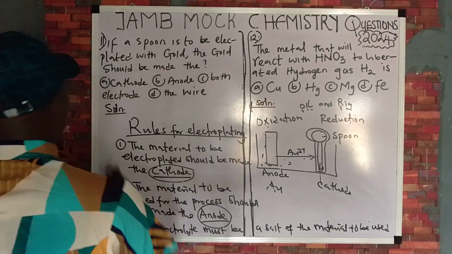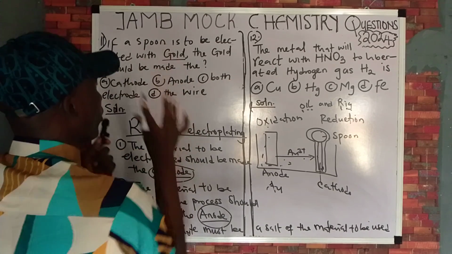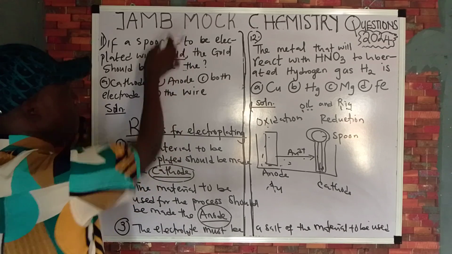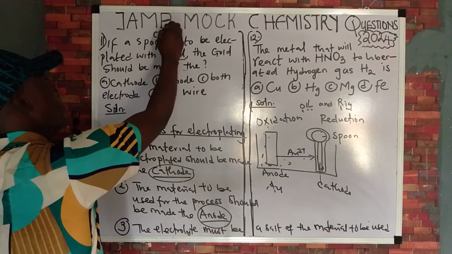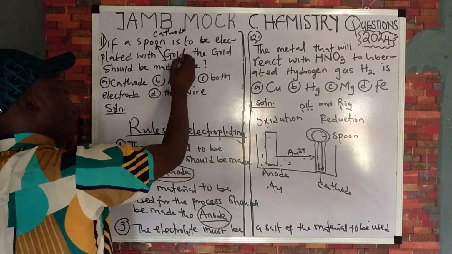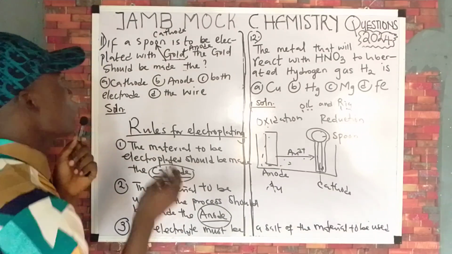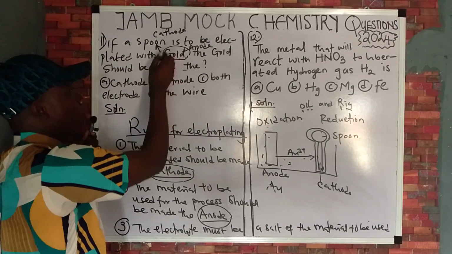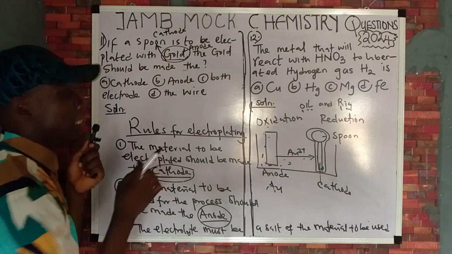So the question says that if a spoon is to be electroplated with gold, don't forget, the gold will have to leave where it is and migrate to where the spoon is. So this spoon should be made the cathode, while the gold should be made the anode. And finally, the electrolyte must be made up of gold so that they can work together to electroplate the spoon.